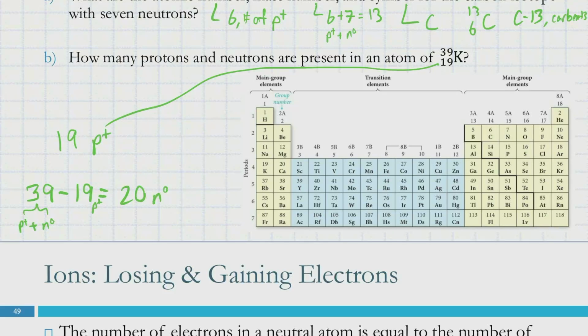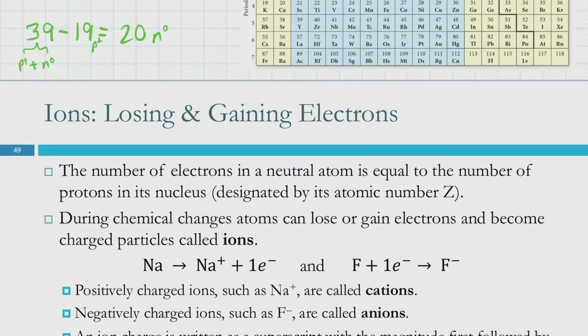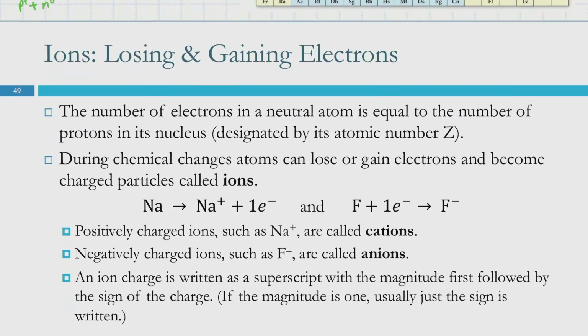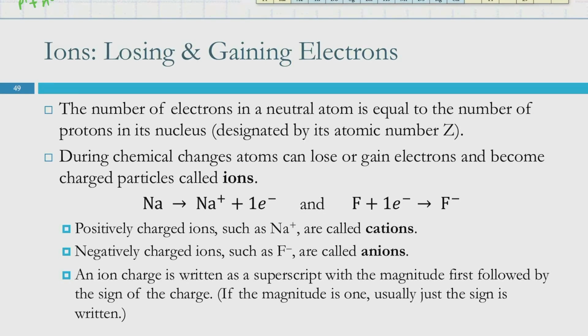There's a third subatomic particle. So we've talked about protons. If you change the number of protons, you're changing elements. If you change the number of neutrons, you're changing isotopes. If you change the number of electrons, our third subatomic particle, then you are changing ions. So the number of electrons in a neutral atom equals the number of protons in its nucleus.